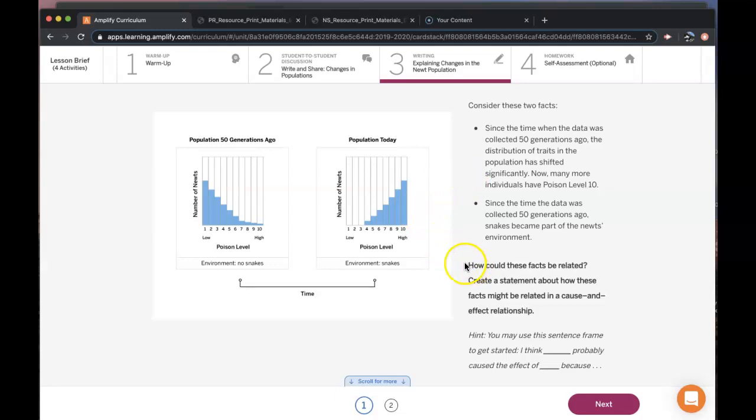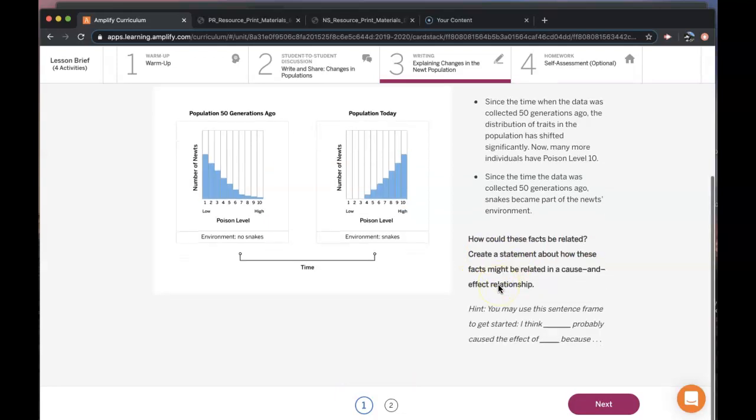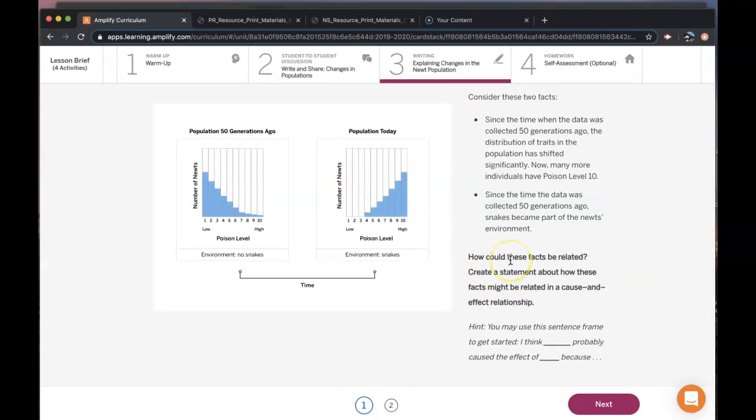So what we need to think about is how could these facts be related? So you're going to think to yourself right now how these facts could be related.